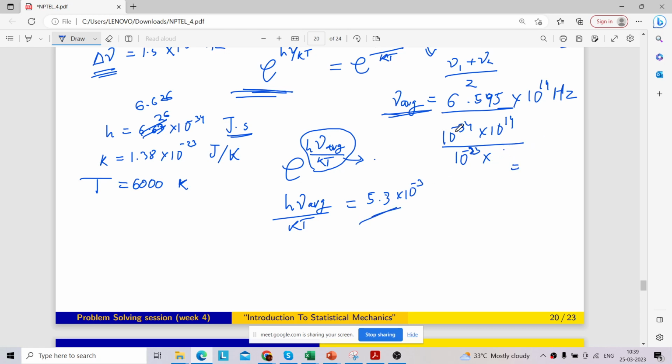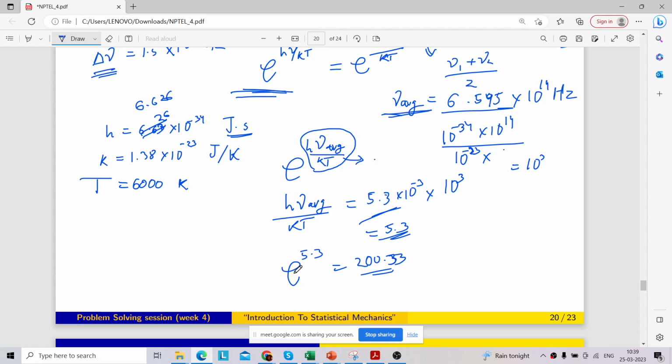This will be 11.3, so it's times 10 to the power 3. So it's 5.3. Are you getting this also? Yes. Okay. Then we just raise e to the power 5.3. What is this value? 200.33.